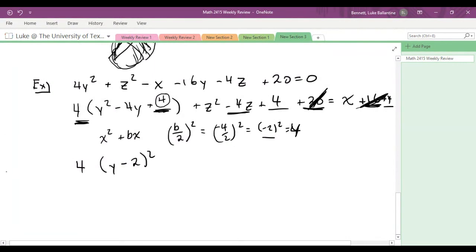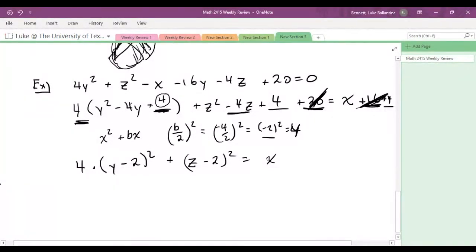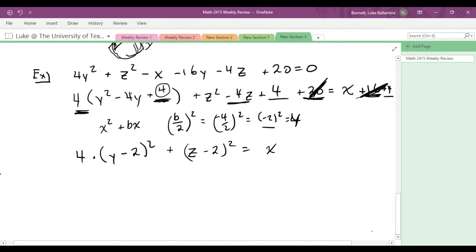Okay, so now we have 4y minus 2 squared plus z minus 2 squared equals x. Now, it's kind of like the x-oriented one, but we have a shift this time.